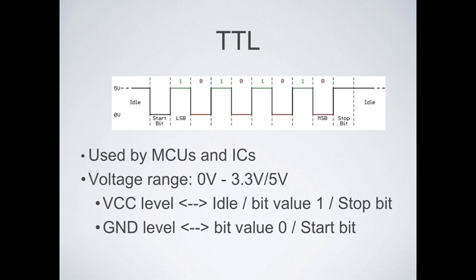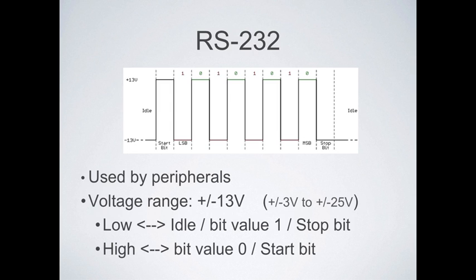And you'll see the reason why this is primarily used between devices that are very close together, because there's not going to be a whole lot of voltage drop between the time the signal leaves device A and reaches device B. Now, if you want to go further in range between the two devices, you're going to want to use something like RS-232, where the voltage range is anywhere from plus or minus 3 volts to plus or minus 25 volts.